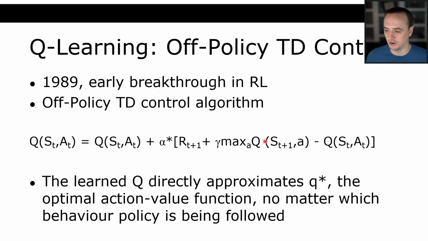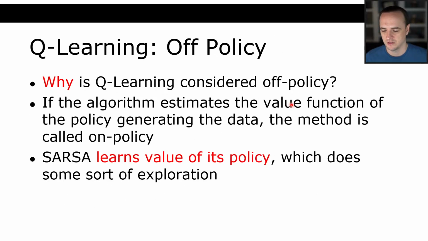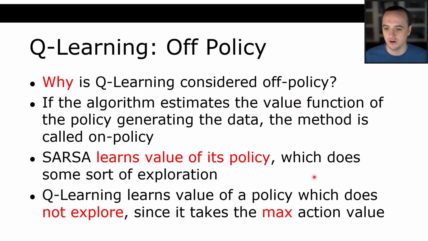However, with Q-learning, we're taking the maximum of those values. Not what the actual policy says to do, but the maximum one. No exploration when it updates this. So Q-learning learns the value of a policy which does not explore, since it takes the maximum possible action.